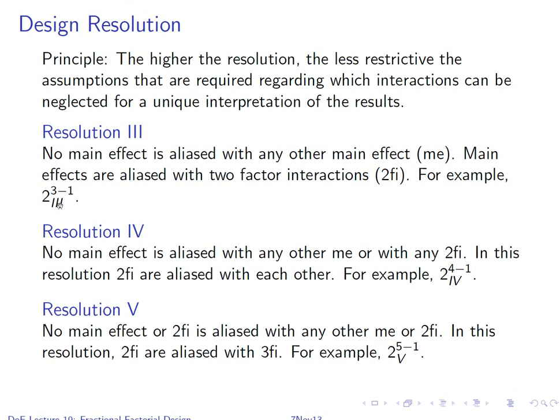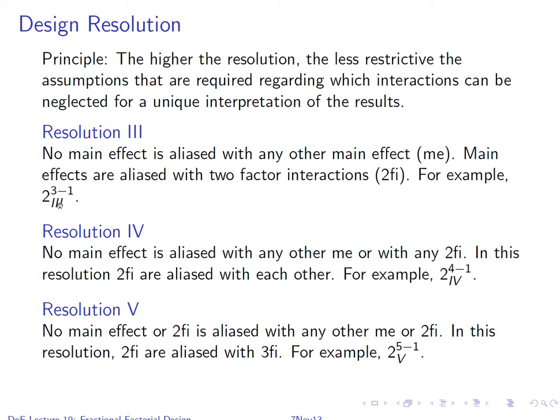A resolution 5 design, and no main effect or two-factor are aliased, but two-factor interactions may be aliased with three-factor interactions. If you believe that three-factor interactions have little to no effect, then you may be able to construct a resolution 5 design. The notation, of course, has a subscript 5 rather than the subscript 4.